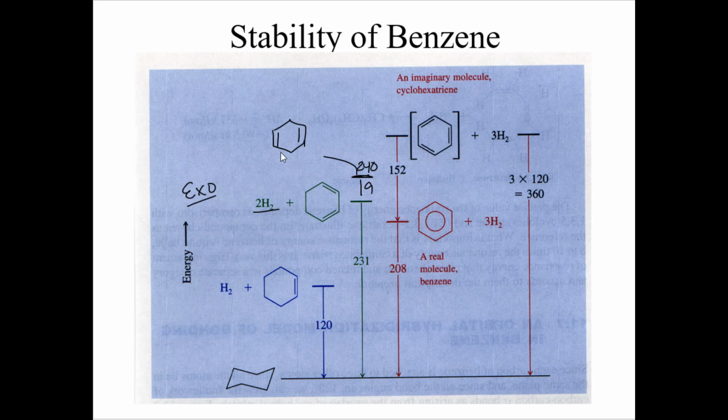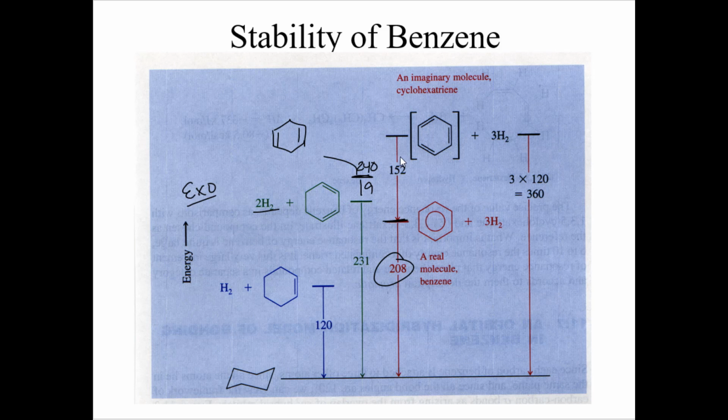So if you say benzene isn't conjugated and doesn't have anything special, then you should get 3 times 120, which is 360. But when we actually measure the heat of hydrogenation of benzene, we only get 208, which puts it here, which means that benzene is more stable than the conjugated diene.